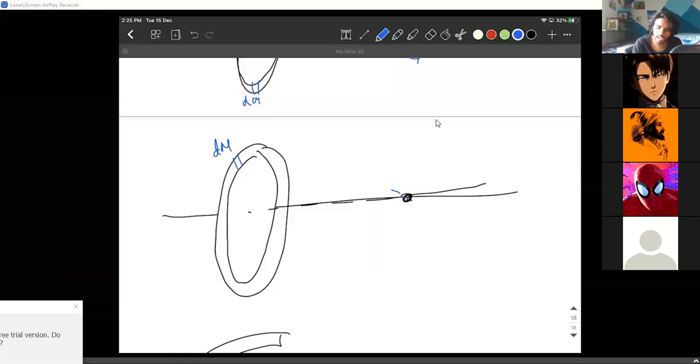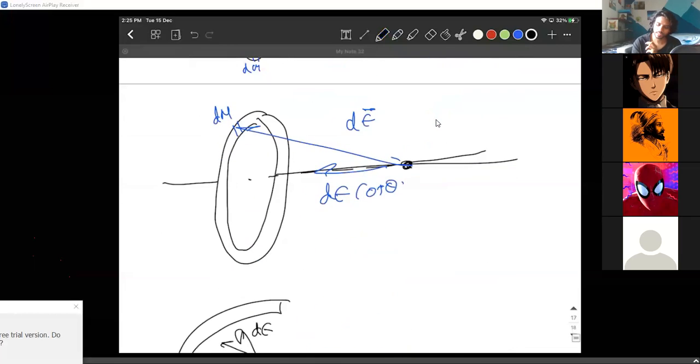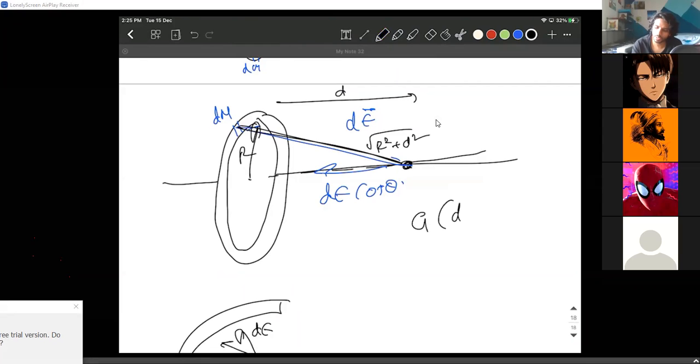So I'm taking some random mass, I'm writing some field dE. I will write dE cos theta. You will clearly see the answer will come so easily. The distance r, this distance is d, so this slant distance is root over r square plus d square. So the field is G dm by root over r square plus d square, whole square, that is dE.